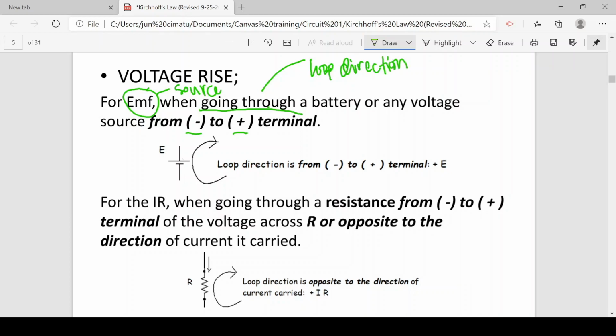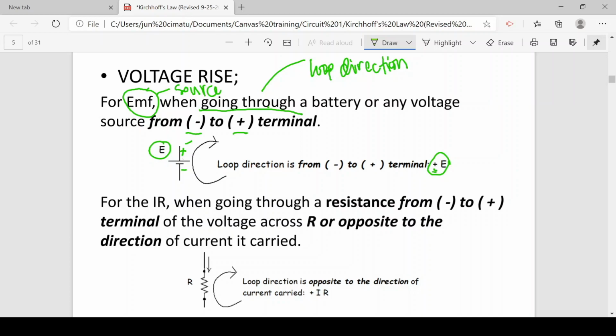So we go through a closed loop, and when we traverse this battery from its negative terminal to the positive terminal, it is positive, or a voltage rise. So if we end up, or leave the battery, at the positive terminal, it is positive.